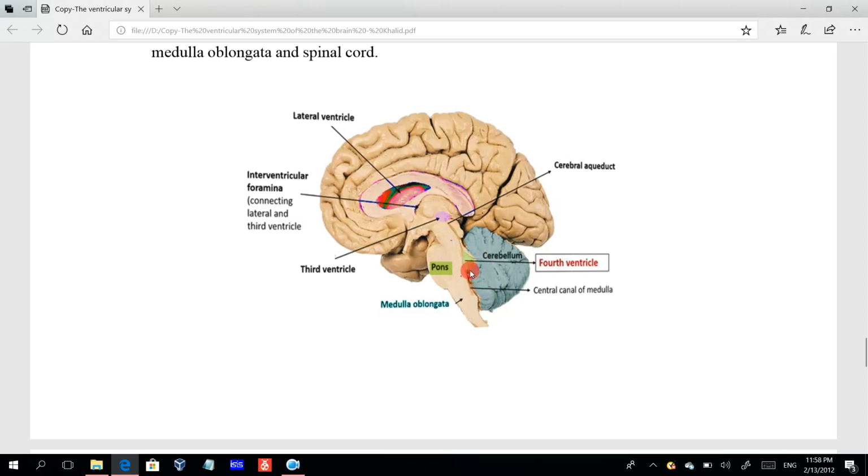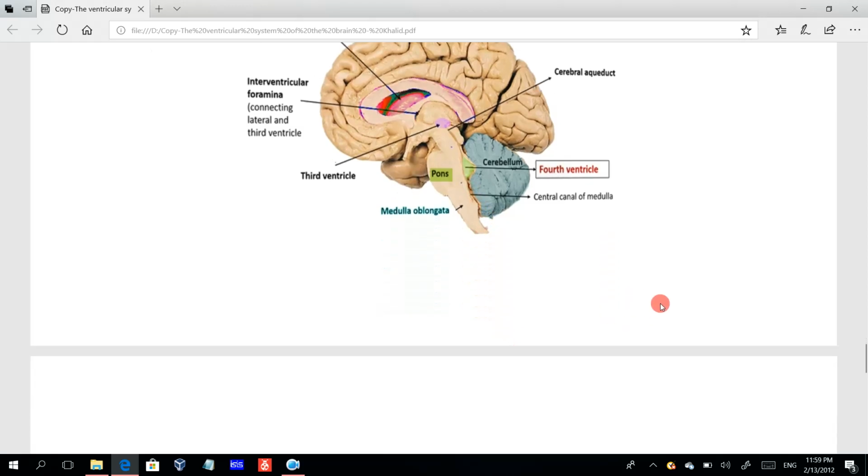And of course, here the fourth ventricle connects to the central canal of the medulla and then the central canal of the spinal cord. The medulla also contains a central canal, and it connects to the central canal of the spinal cord.